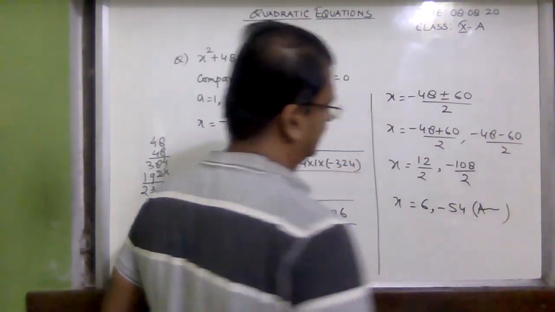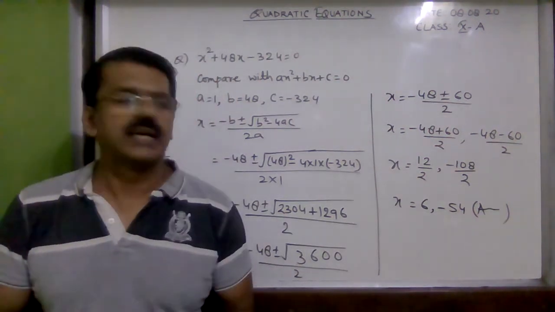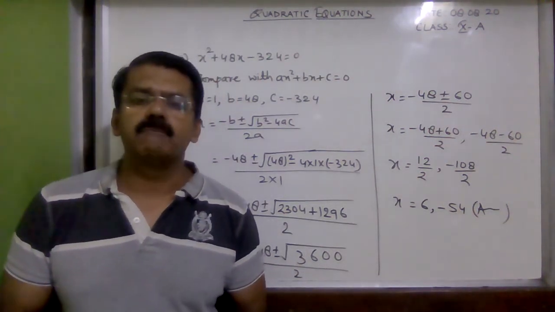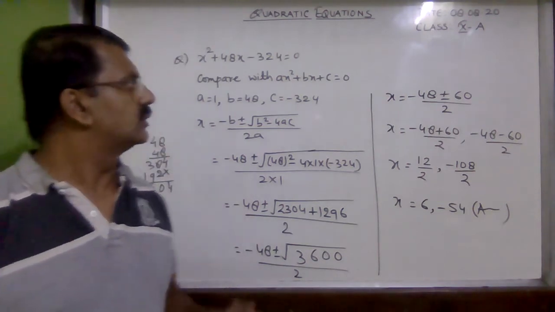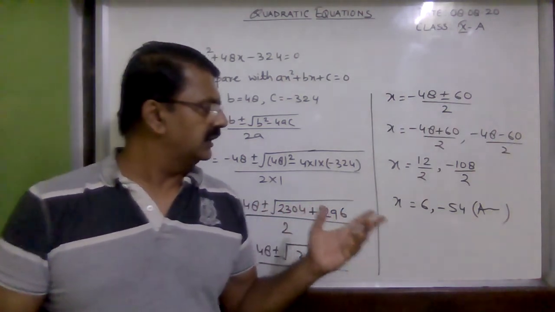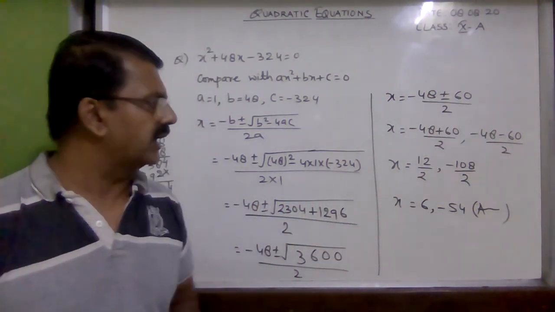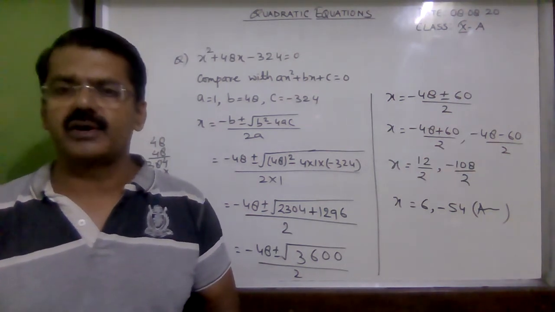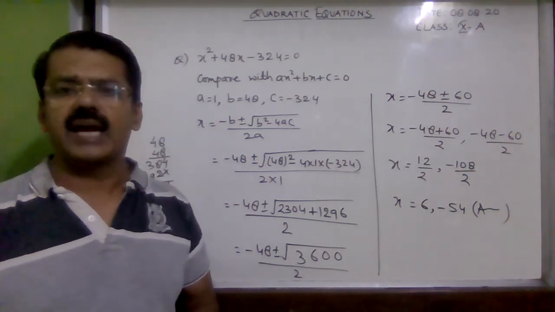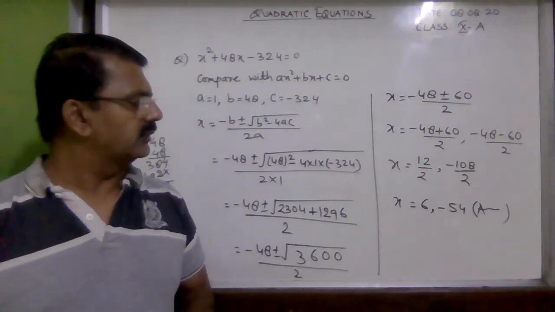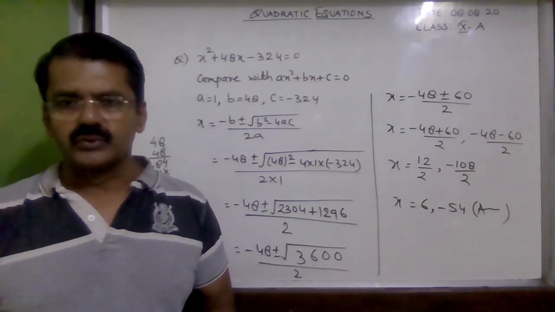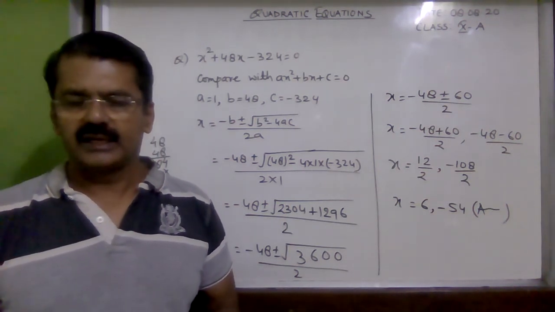That is your answer. So we get two values of x, that is 6 and −54. So in this way you can apply the formula to find the values of x from a quadratic equation. Now in the next class I will tell you about the nature of roots of a quadratic equation.